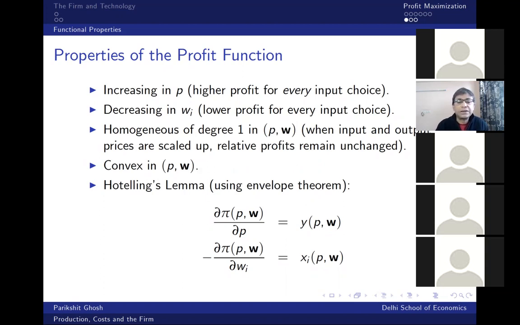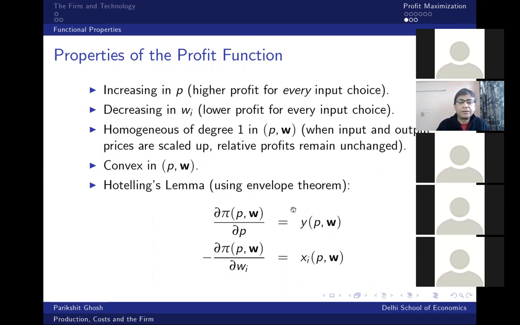So when you're doubling input prices, you're also doubling output prices, for example. Whereas when you are studying the cost function, the output price is irrelevant over there. All that matters are the various input prices.